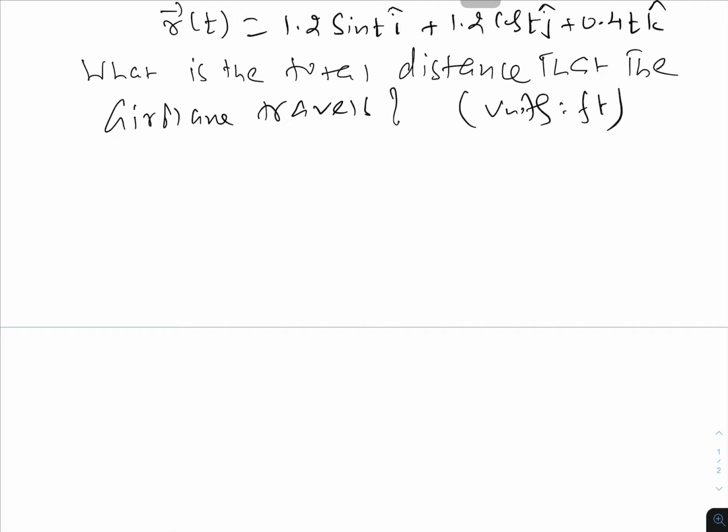So we have x as 1.2 sin t, y as 1.2 cos t, z as 0.4 t.